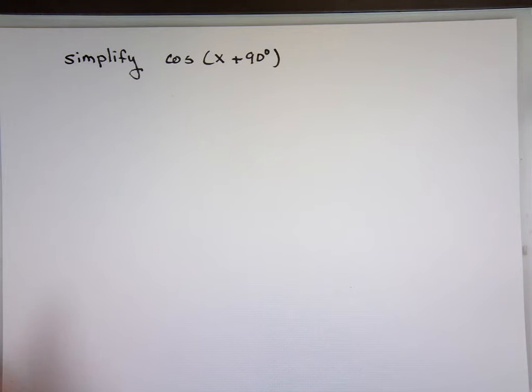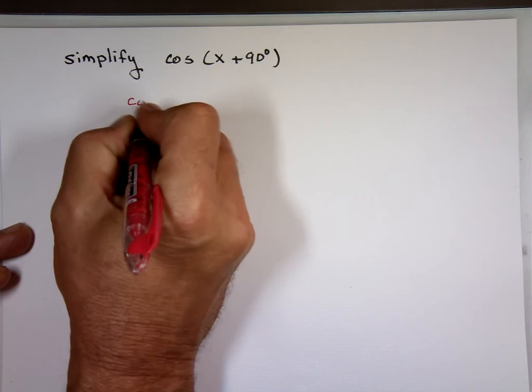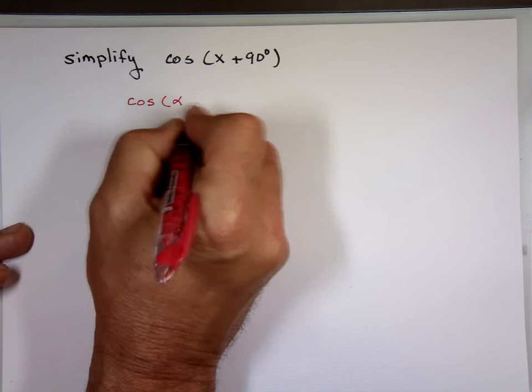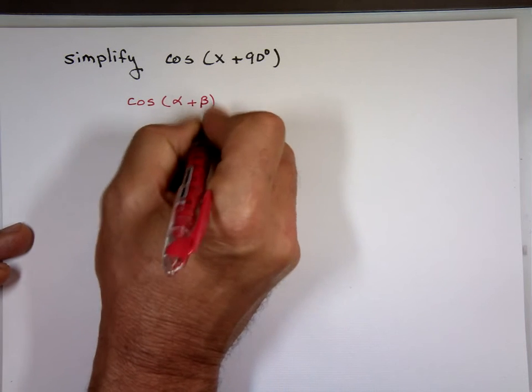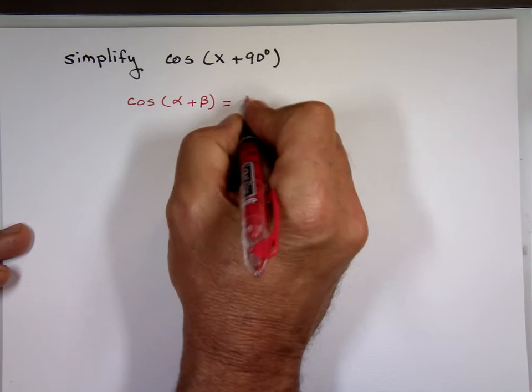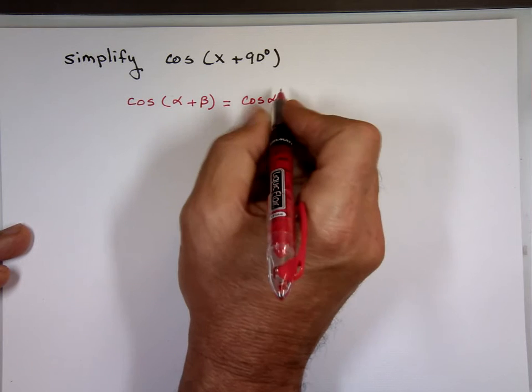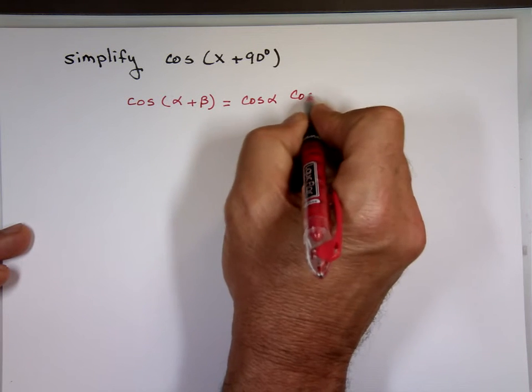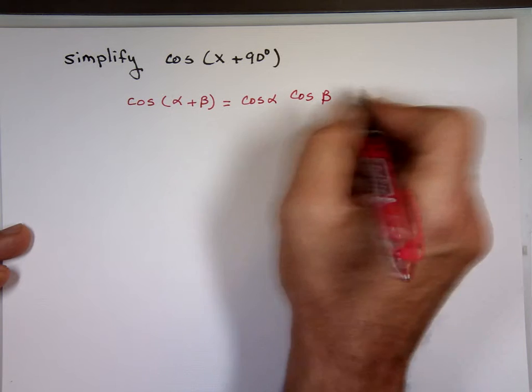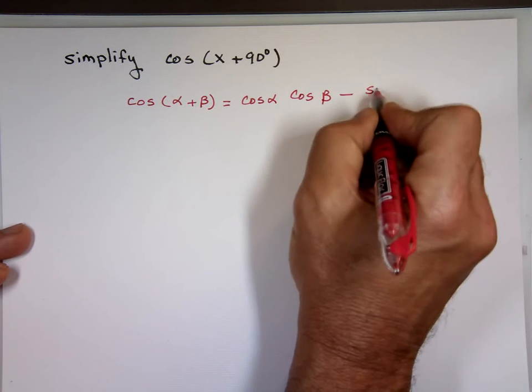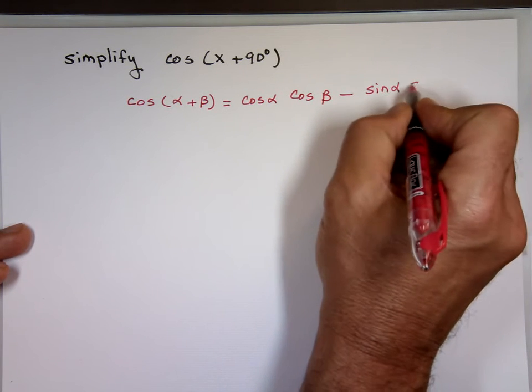This is addition. On the board or in the notes we wrote today, what? We have a trig identity that cosine alpha plus beta can be broken down to what? Cosine alpha, cosine beta, minus sine of alpha, sine of beta.